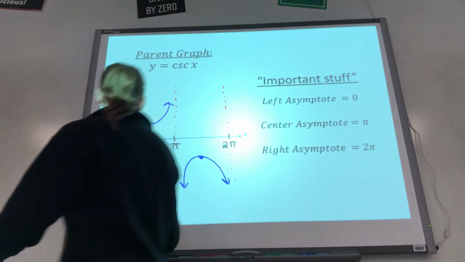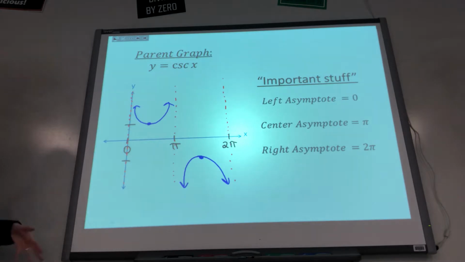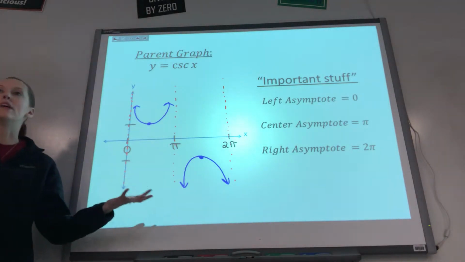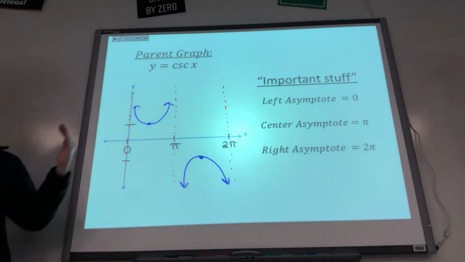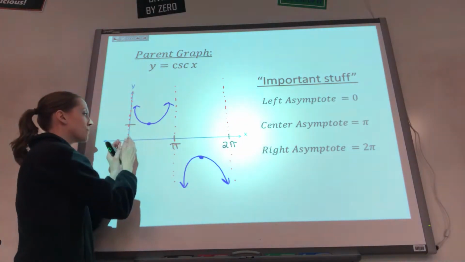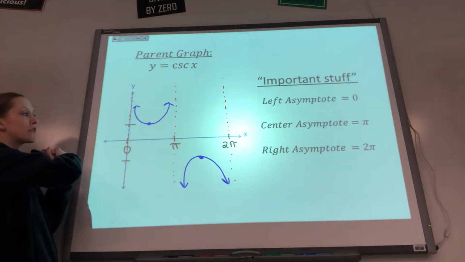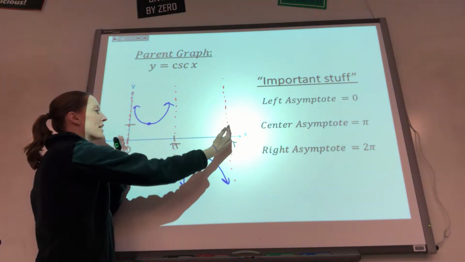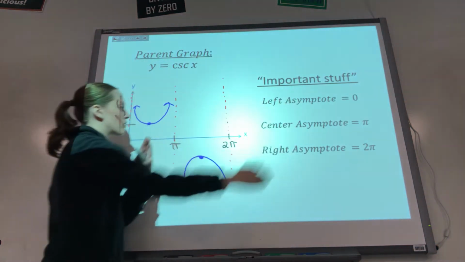Now I'm going to put something else up here that I kind of did yesterday. Once I showed you what tangent and cotangent looked like, we saw that the period for those two functions was pi. It went to pi before it started to repeat. Well, take a look at the period here. The cosecant graph, and actually this is true for secant as well, it goes all the way to 2 pi before it starts to repeat.